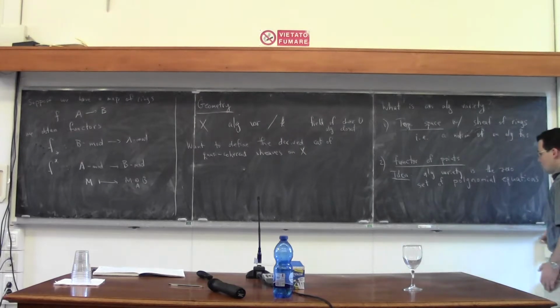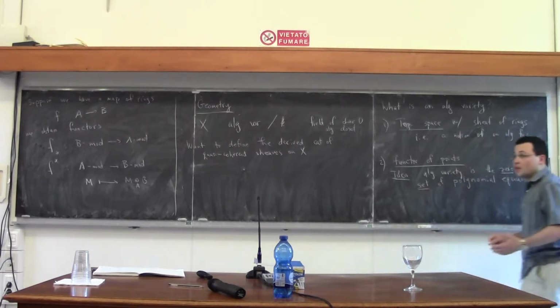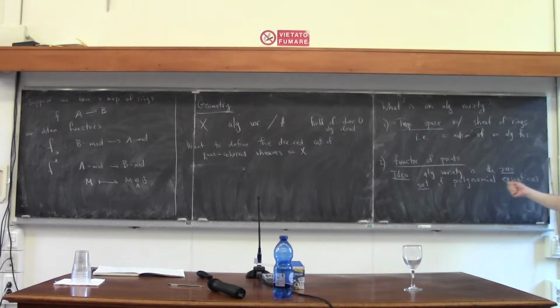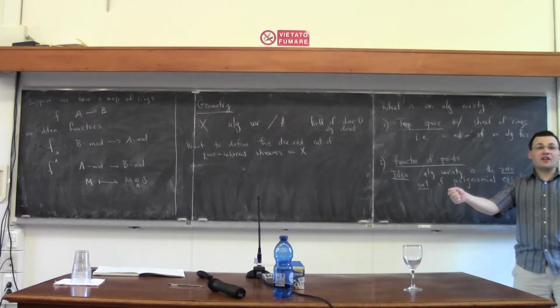But what does zero set mean? You have some polynomials, and you want to solve for x. You want to find which x you could plug in so that the equations vanish.